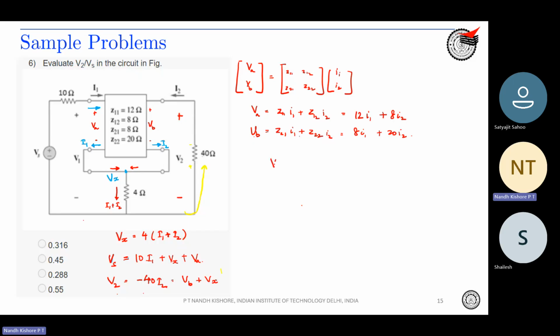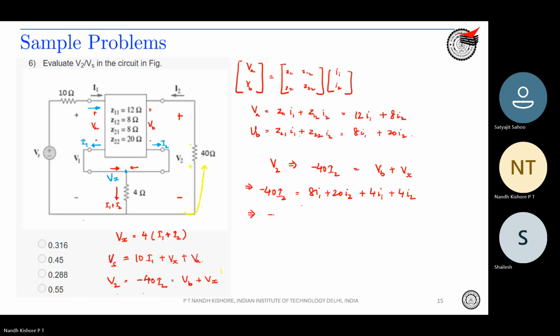So you know what VB is, you know what Vx is, and you know V2 is equal to minus 40 I2. So let's try to get a relation between I1 and I2. That would be the first step. V2, which is minus 40 I2, is equal to VB plus Vx. So minus 40 I2 is equal to VB, which is 8 I1 plus 20 I2, and Vx, which is 4 I1 plus 4 I2.